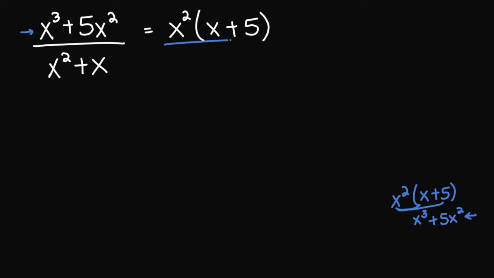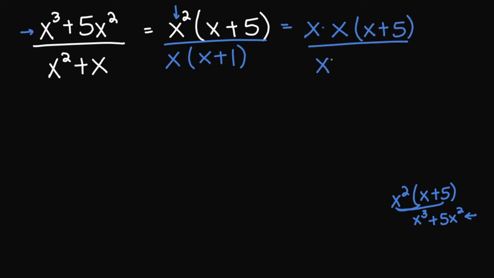So now let's look at my denominator. Let's factor my denominator. Common factor: if I factor out an x, I'll be left with x plus 1. So let's go back to our numerator. Notice here I do have x squared, which equals x times x, and then you have your x plus 5 in your numerator. And then in my denominator, we have x times x plus 1.